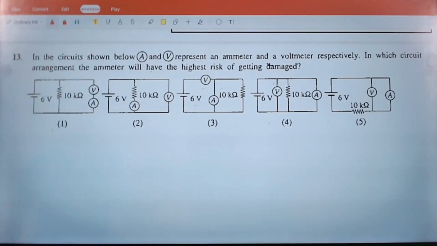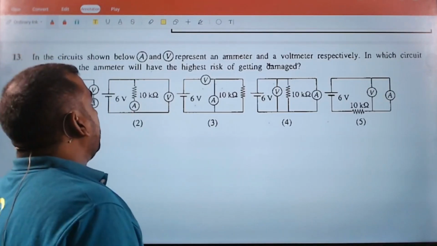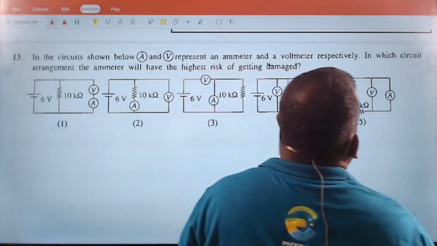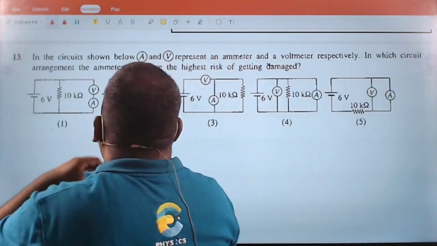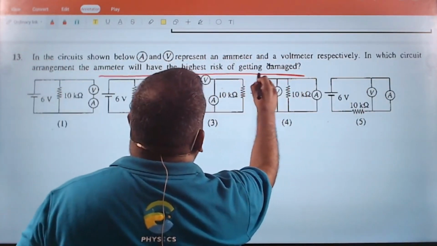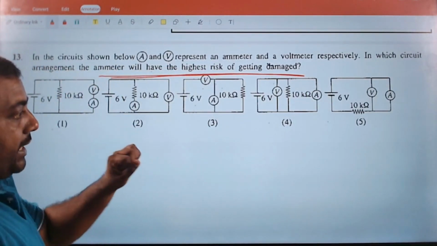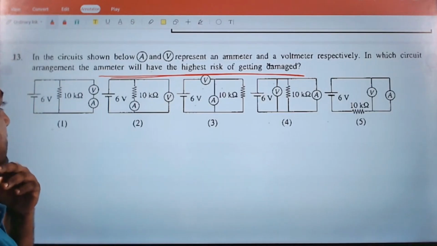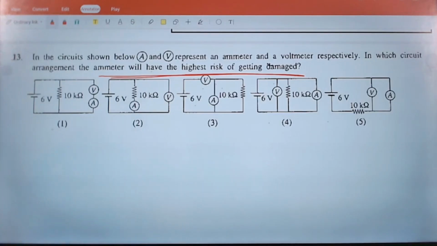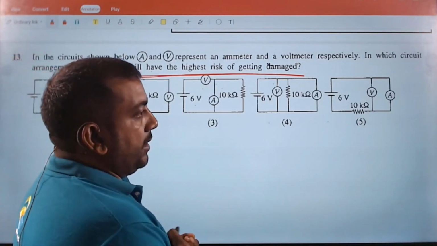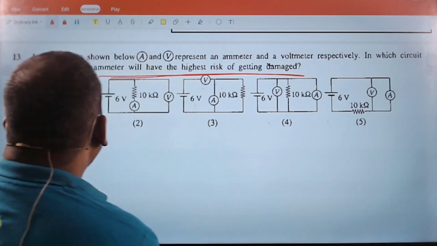Look at this. In the circuit shown, ammeter and voltmeter are represented. In which circuit will the ammeter have the highest risk of getting damaged? If the ammeter is protected, there should be a resistor in series with it. In which circuit is there a bigger chance for damage to occur? Biggest chance means when maximum current passes through it.